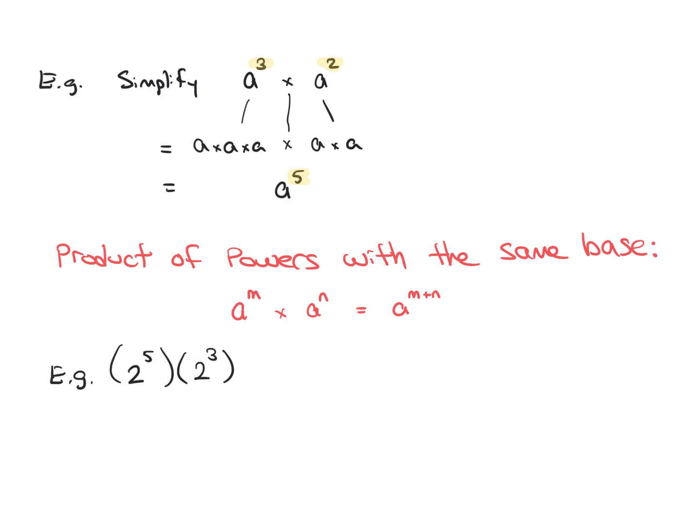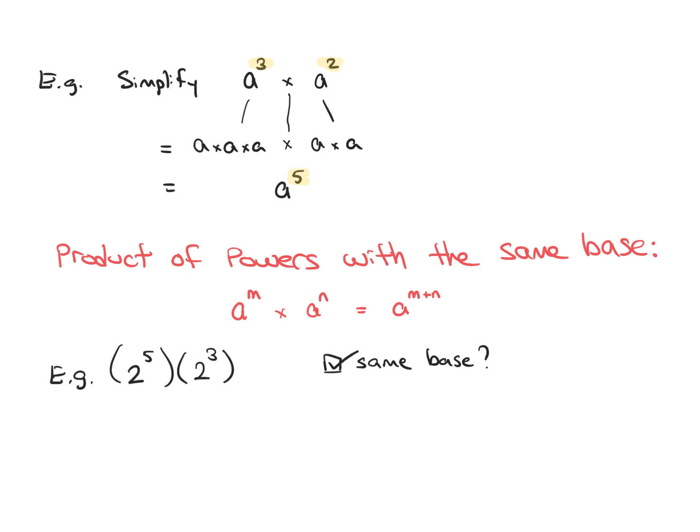I'll ask myself a question here. Do the powers have the same base? When I look at them, they both have the same base of 2, so the answer is yes.